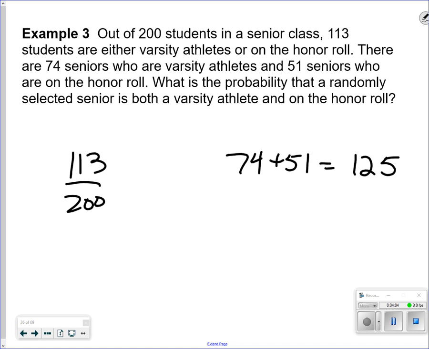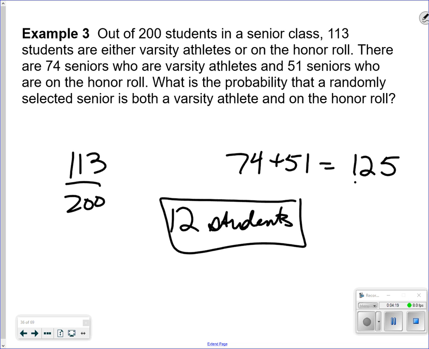Now, wait a minute. They said there's only 113 students, so there must be some students in both. In fact, there are 12 students. So what is the probability that a randomly selected student is in both? There are 12 students that are in both, because again, 125 students over here, but only 113 students over here, which means there's 12 students that are being counted twice.